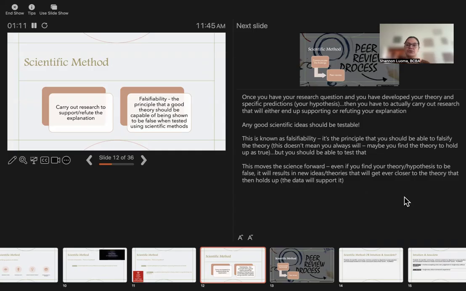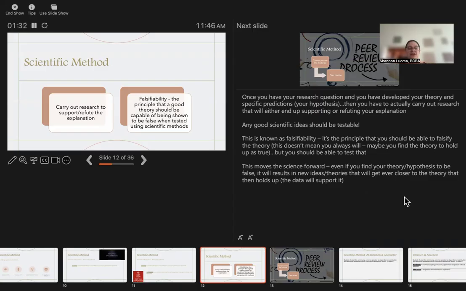If you are unable to test it, meaning it is not something that we can measure in some way or observe in some way, then it is not necessarily sound scientific research, or a scientific subject of study.